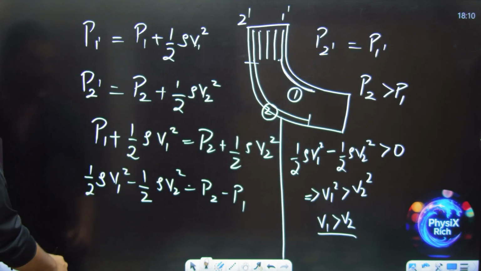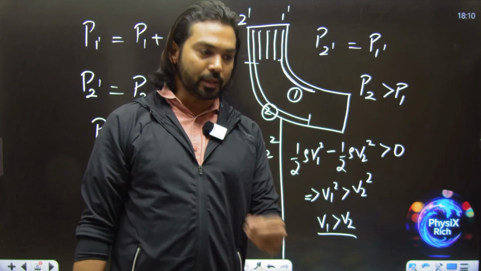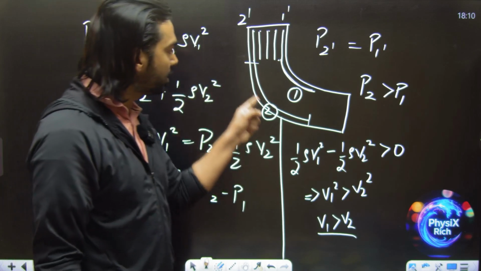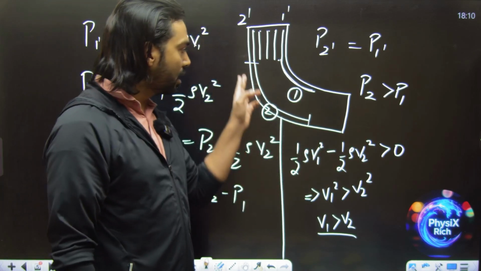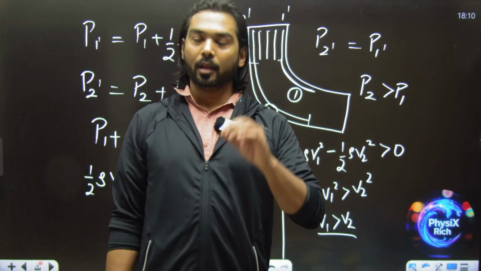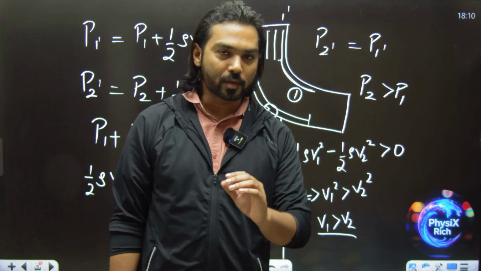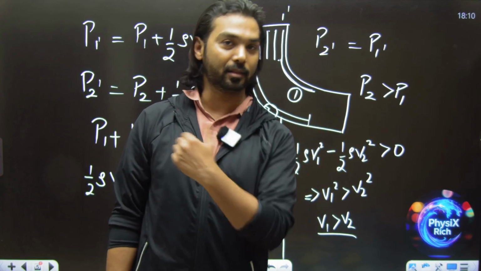Now we come back to the original doubt by the students. The students ask me that, sir, the particles at 2 appear to be moving faster because they are covering a longer distance. Now here's the thing. Nobody enforced these streamlines to go hand in hand.